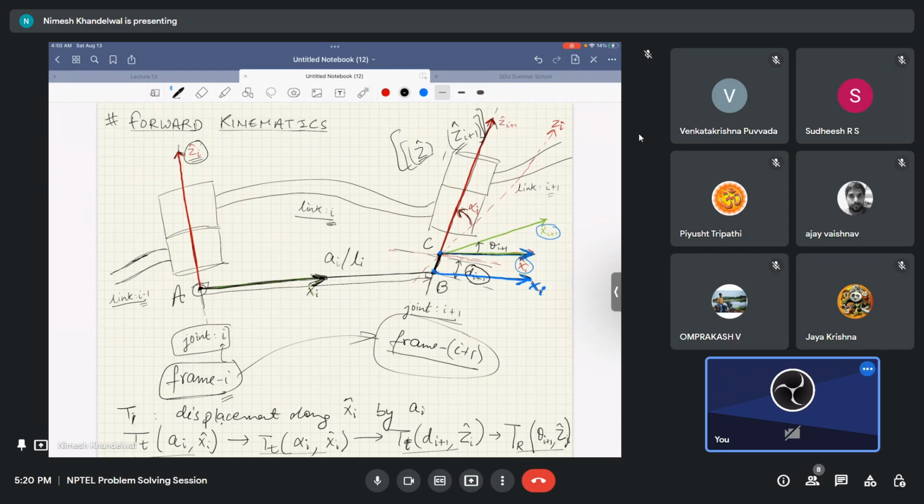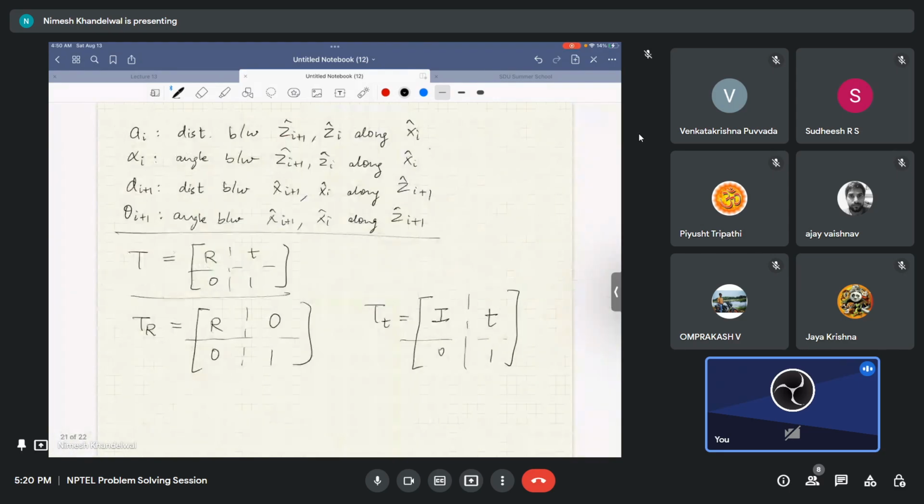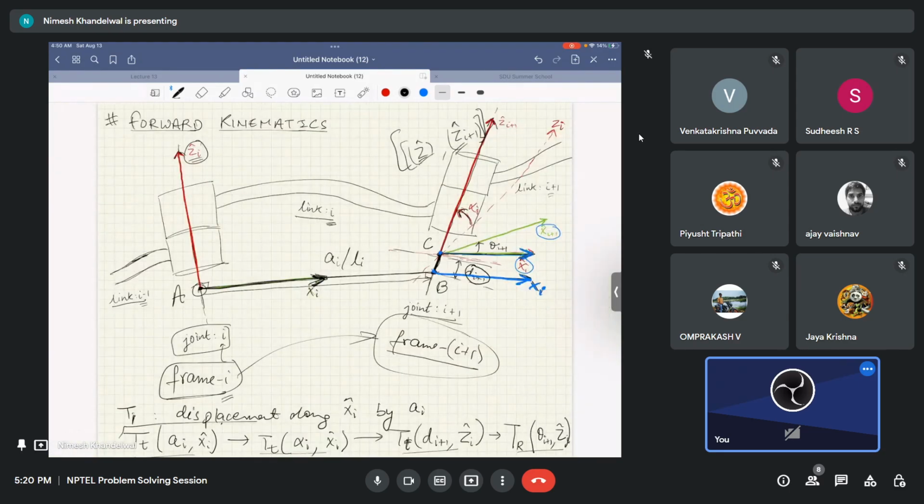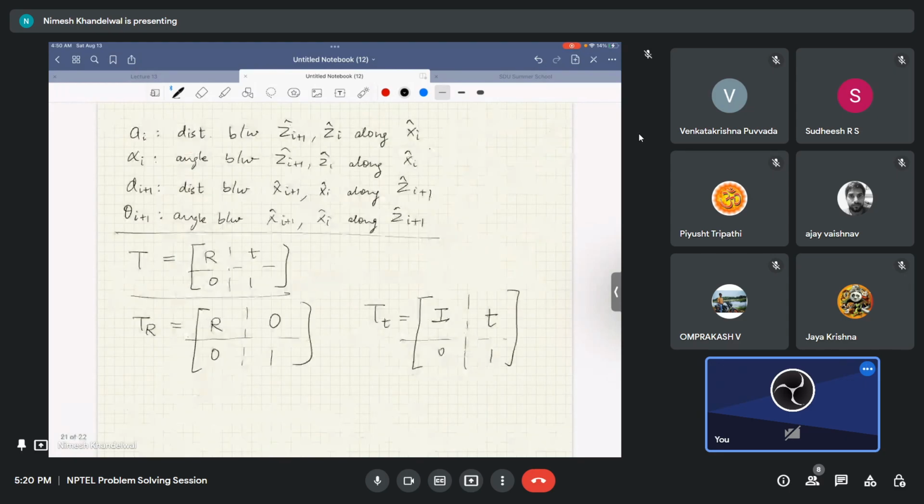So keeping that in mind, let us focus on this one first. This is a displacement or translation along xi followed by a rotation along the same axis.